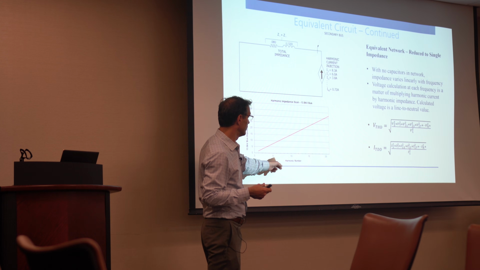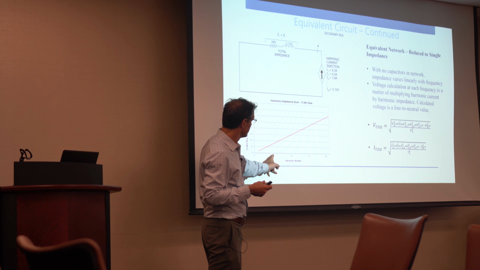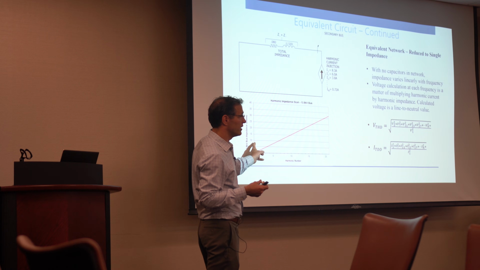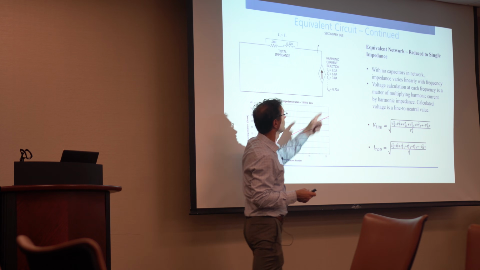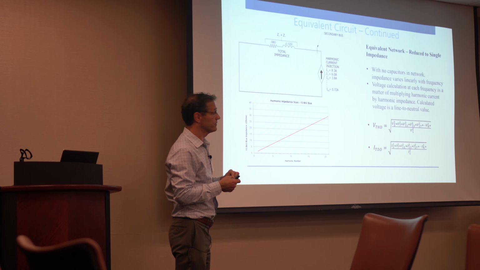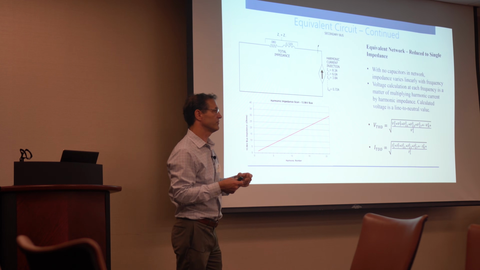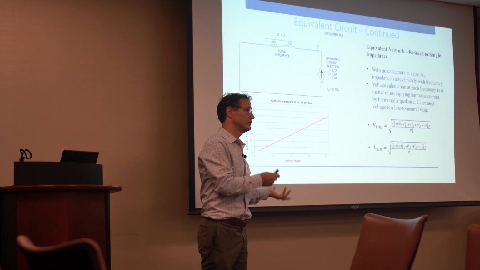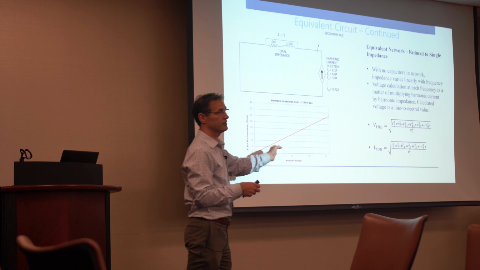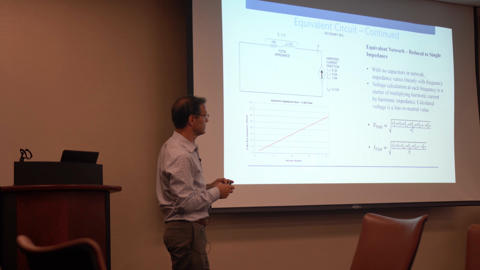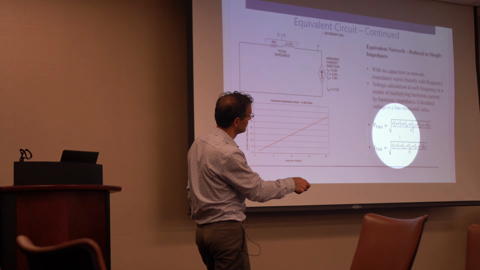At the fifth harmonic here, I'm reading about 7.5 ohms, which means if that was 1 amp at the fifth, I would take 1 amp times the 7.5 I read off this chart and get 7.5 volts line to neutral. That would be my voltage distortion, line to neutral at the fifth. I could do the same at the 7th, the 11th, each and every time. From there, you can calculate this VTHD number here.